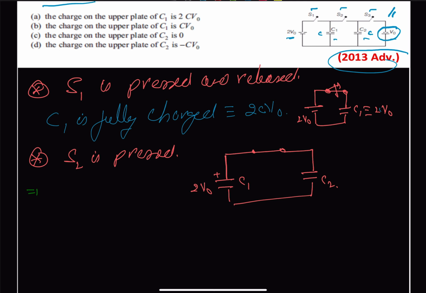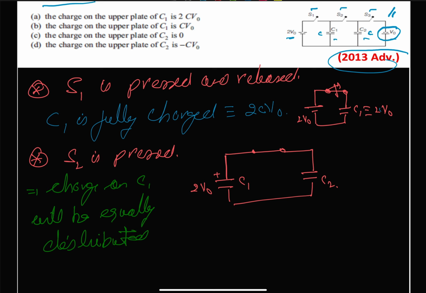And when S2 is pressed, the charge on C1 will be equally distributed between C1 and C2.